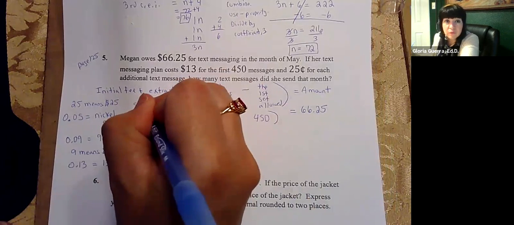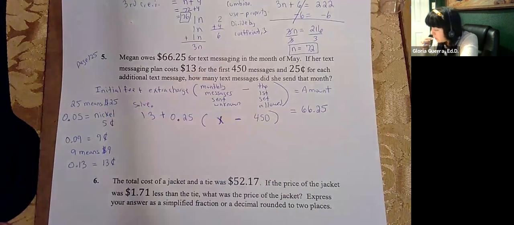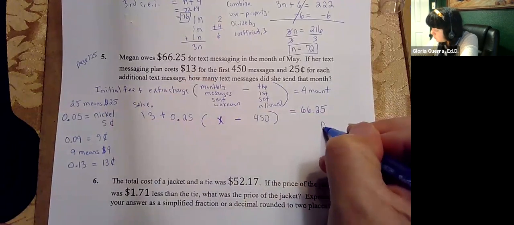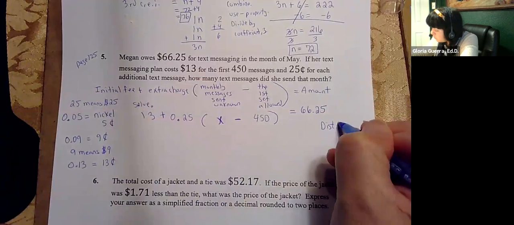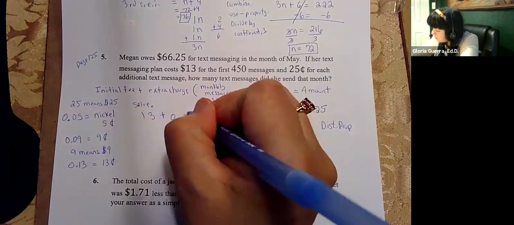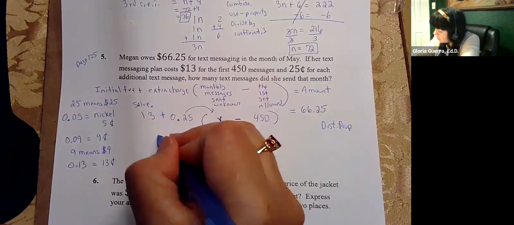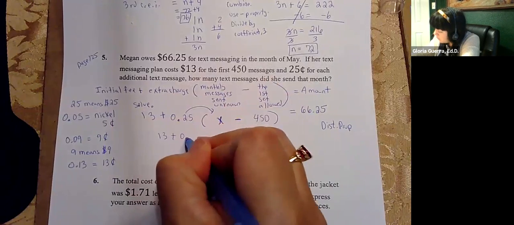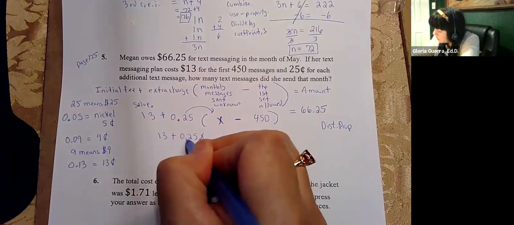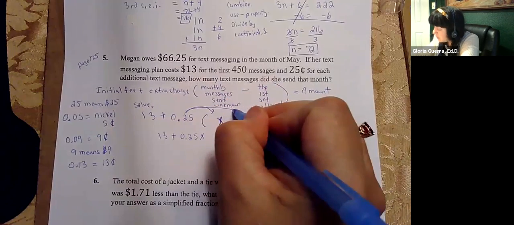Remember what you're doing is solving this for X. So you want to do the distributive property: 25 cents times X. So you have 13 plus 0.25 times X, and 25 cents times a negative 450.